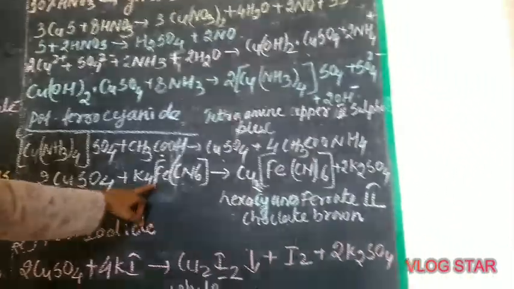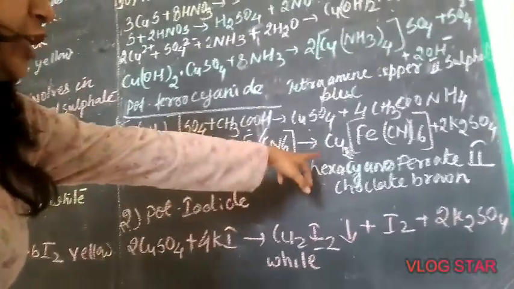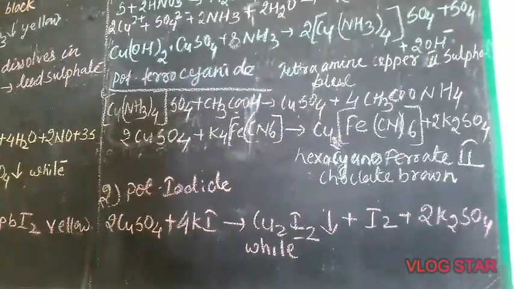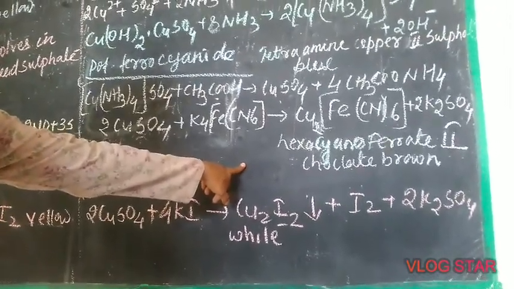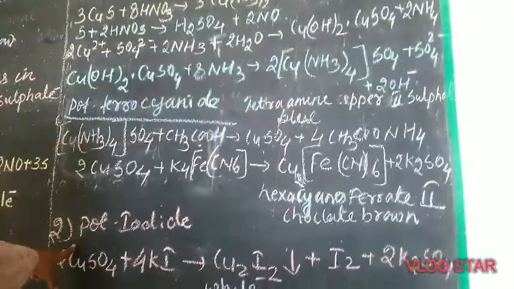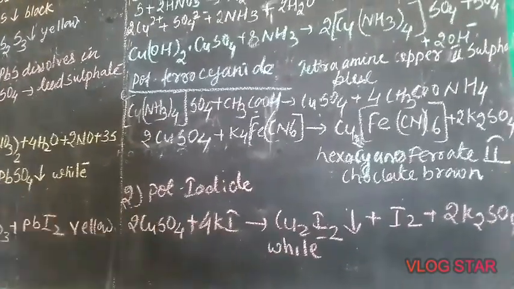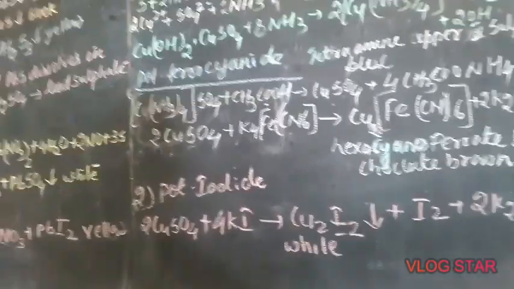Now, children, the CuSO4 reacts with K4Fe(CN)6, potassium ferrocyanide, gives Cu2Fe(CN)6 + K2SO4. This is hexacyanoferrate 2, of chocolate brown color. Then the other test is potassium iodide test. CuSO4 + 4KI gives Cu2I2, white PPT + I2 + K2SO4.